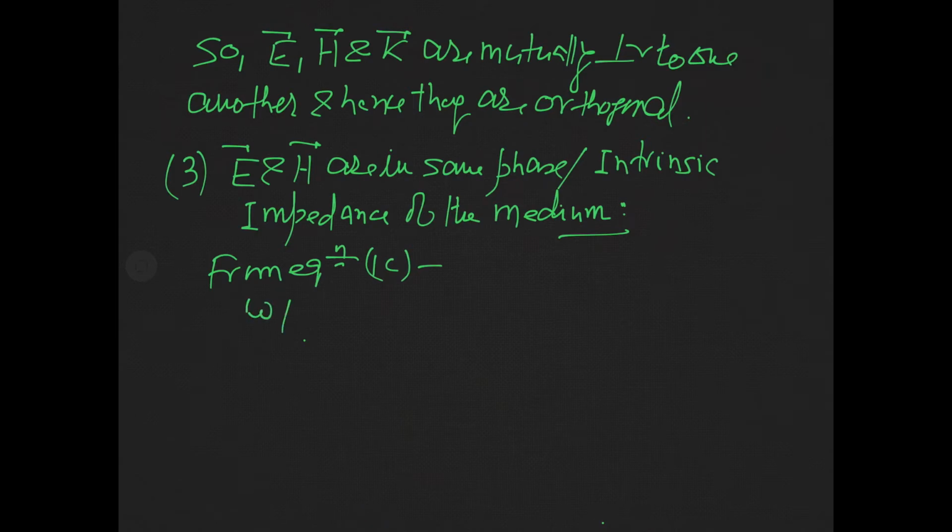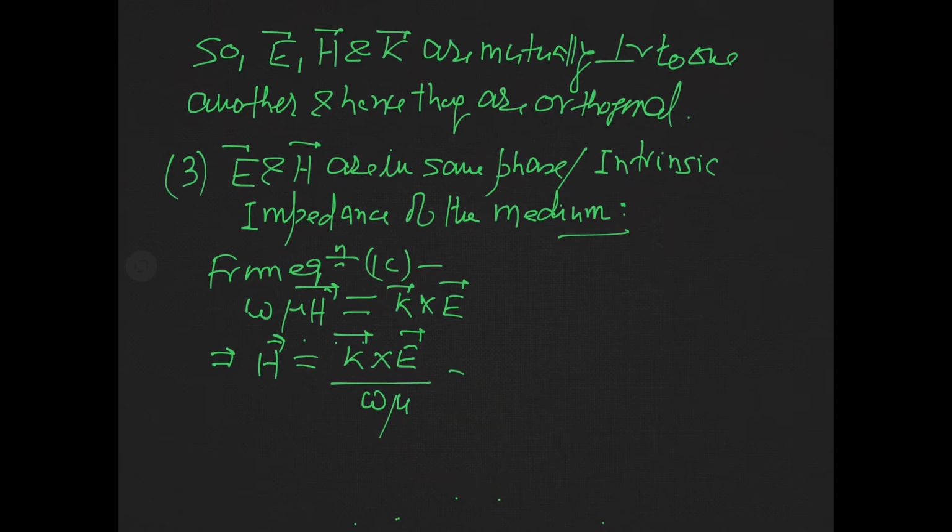Actually, equation 1c is omega mu H, I am writing the term in RHS on the LHS here, omega mu H equal to K cross E. And so from here we can find the value of H. So what will be this H? H is equal to K cross E over omega mu.